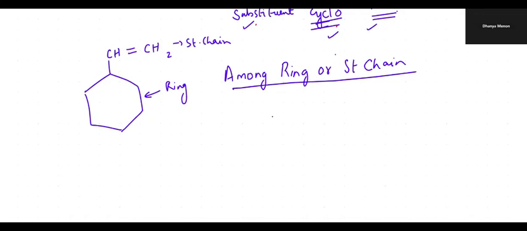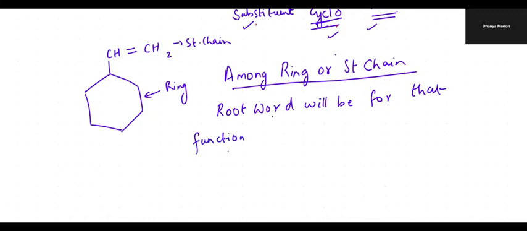Root word will be for that which has a functional group or priority. I'm writing the priority order.